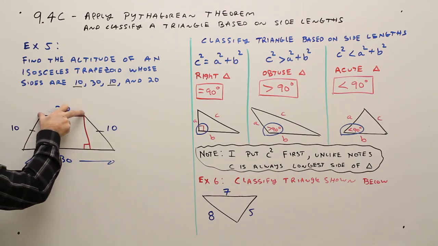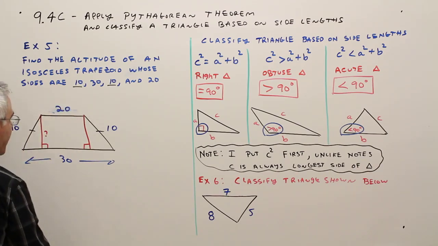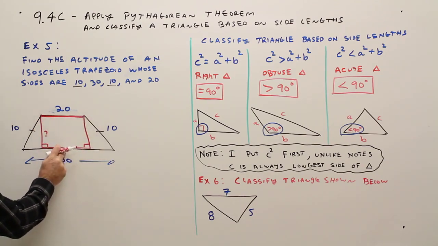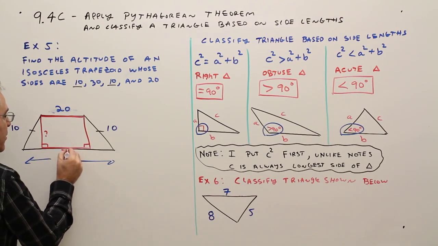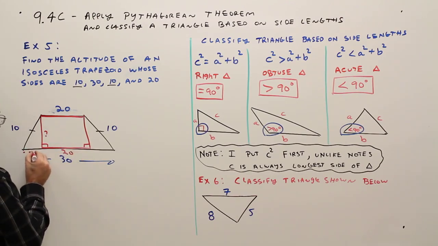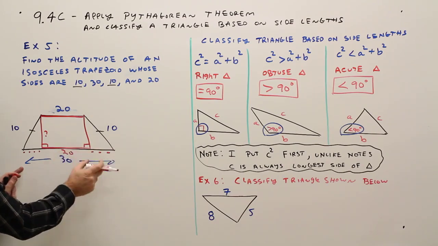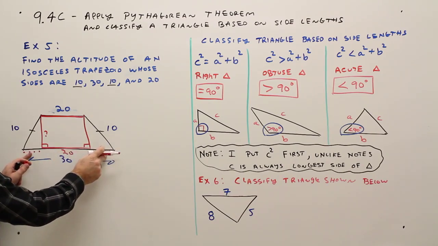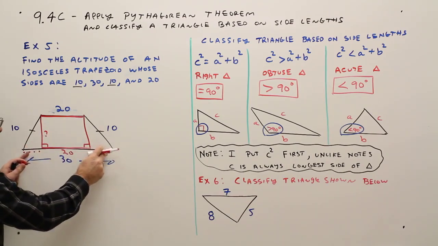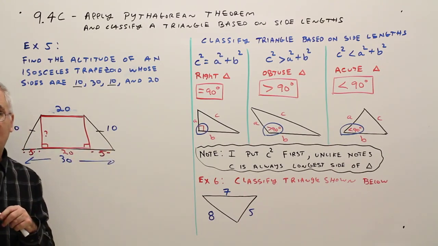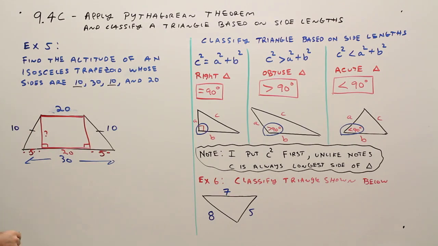So if I'm 20 there, let's concern ourselves with this red rectangle here, then I'm going to be 20 down here. And then, if I'm a total of 30 and I'm already 20, I've got 10 to divide up evenly here, so I'm going to be 5 here and 5 here. So that's the key to this problem, is that drawing.